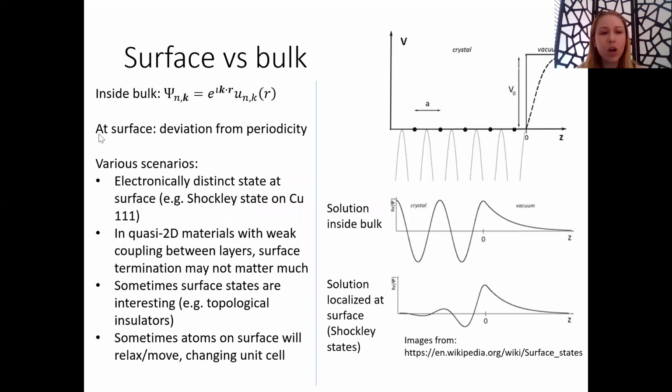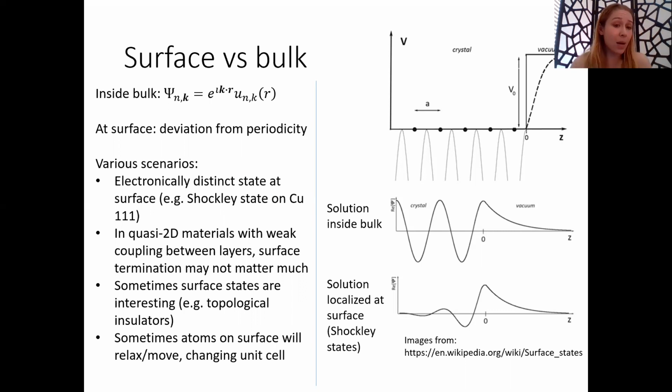So this slide, I don't want to go into it in detail, but basically in ARPES there's always been a question: it's a surface sensitive technique, so is what you're measuring relevant to the bulk? There are several answers to this question. One answer is that there are many interesting systems that are actually two-dimensional, so that question is a little bit irrelevant. One example is something that we've seen already: the surface state on copper 111 is a strictly two-dimensional state.